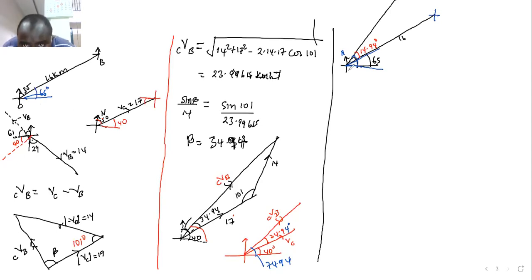But because you have measured, because now this is the distance of 16 initially. Now, if this is the 65 it is measuring, we are measuring from east going to where the relative velocity is. This is the line of the relative path of the cruiser to the boat, making an angle of 65 plus 14.94 will give me 74.94, which is this one we wanted.